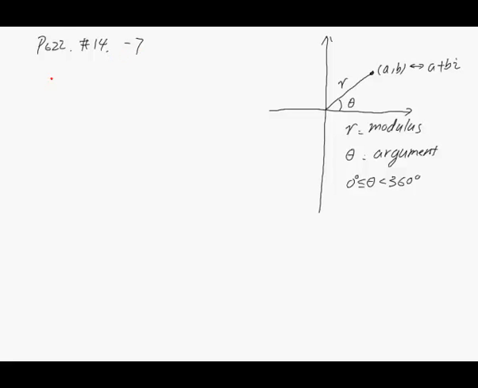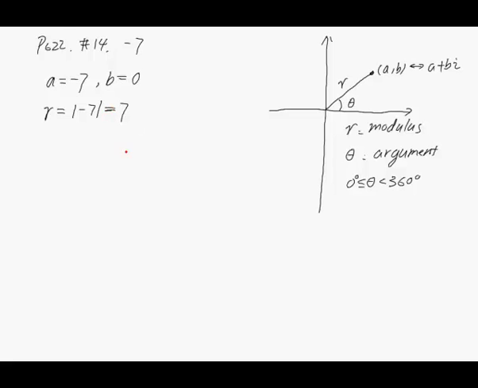This is actually a real number: the real part a is equal to -7, and the imaginary part b is equal to 0. So the modulus r is the absolute value of -7, which is 7, right?